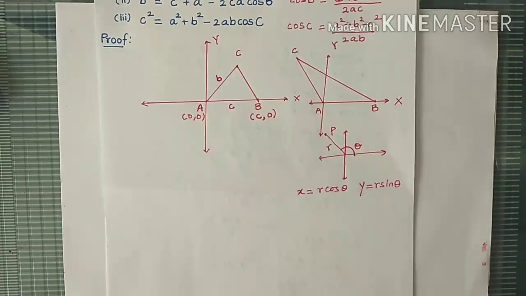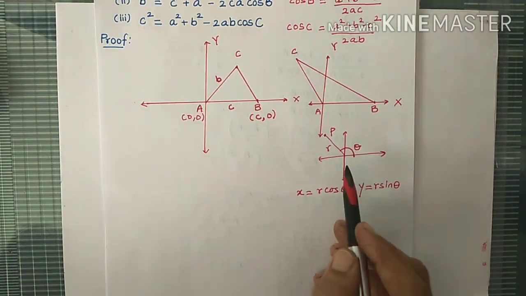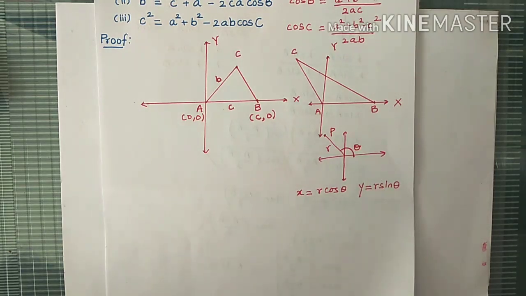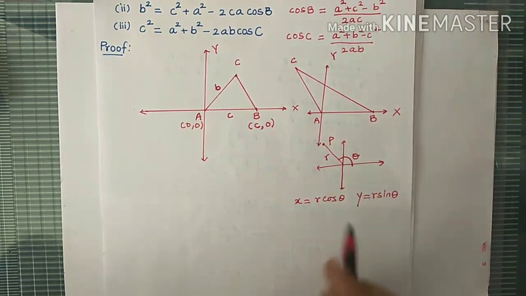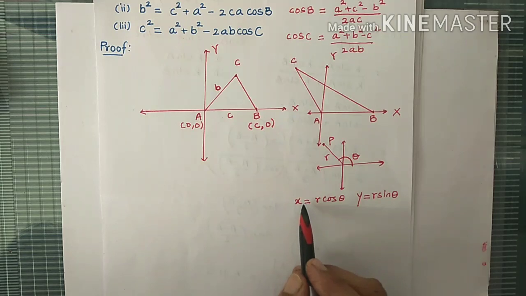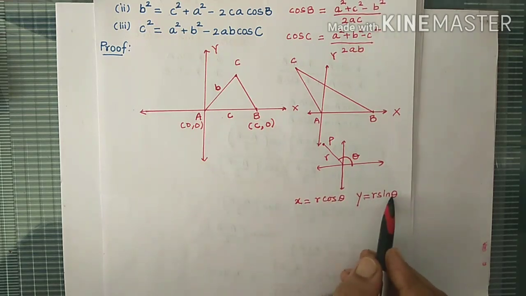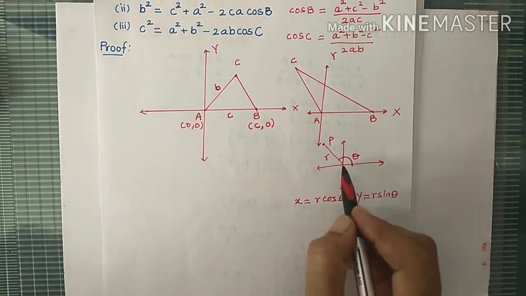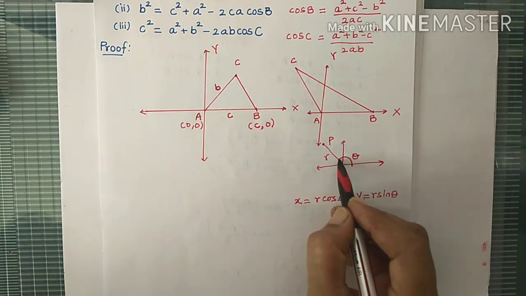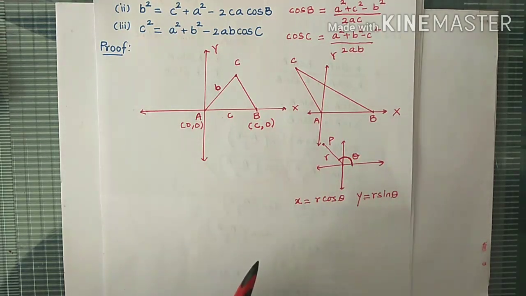So these are the polar coordinates. r, theta are polar coordinates in the Cartesian system. We convert those as x equals r cos theta and y equals r sin theta. Length OP is r and this angle theta is in standard position.